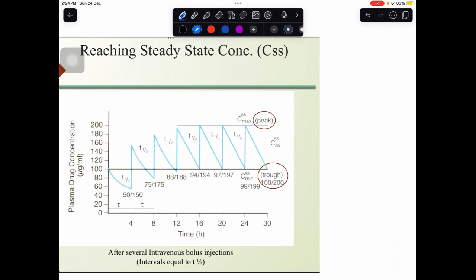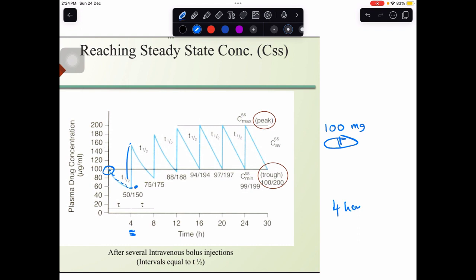Here you can see that the plasma drug concentration at the beginning was 100 milligram. Let's say I was given this 100 milligram drug. After some time, after let's say 4 hours, it will obviously start to decrease because now it's being used up, metabolized, and excreted. Instead of allowing it to reach 0, what happens is after let's say 4 hours, I'm giving them another one.